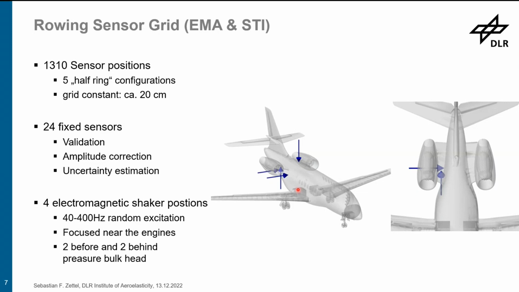The other 2 excitation points are the one in horizontal direction here and this vertical one, and these are placed in front of the rear pressure bulkhead. We chose these in order to have higher amplitudes in the main fuselage to do modal analysis and model updating with these measurement data after the measurement campaign.